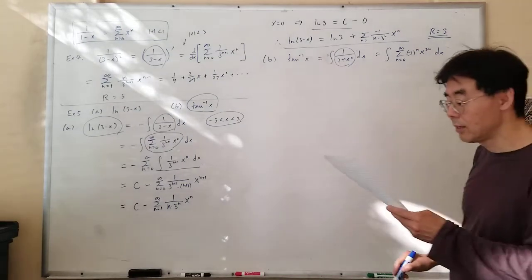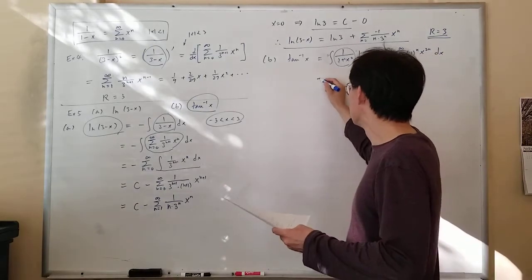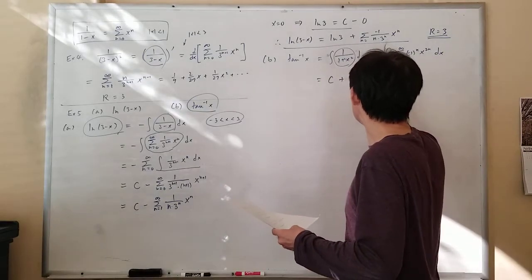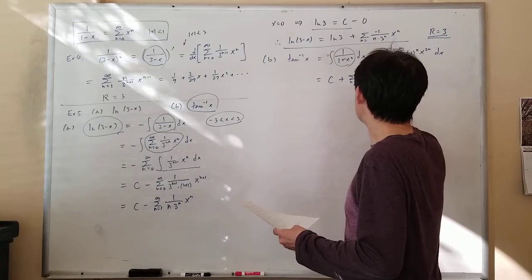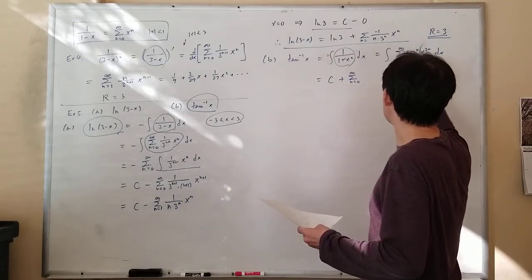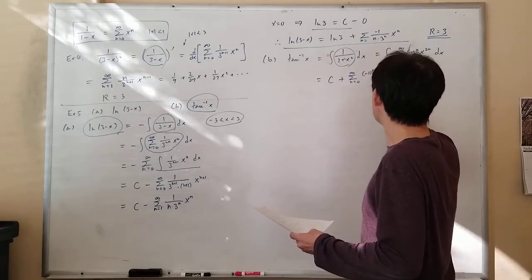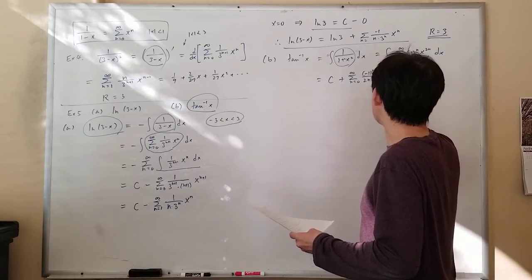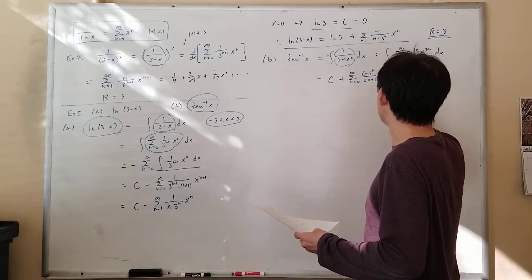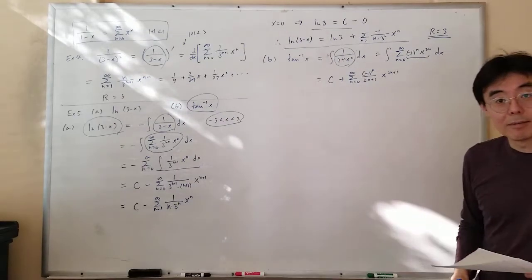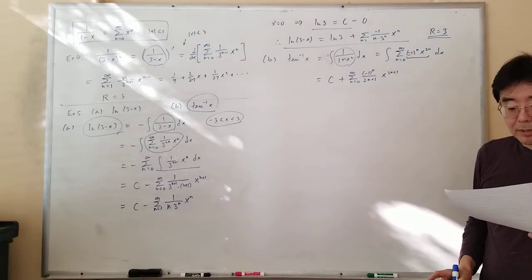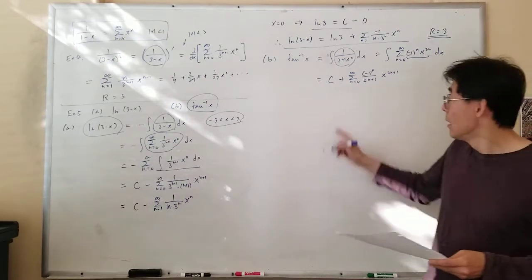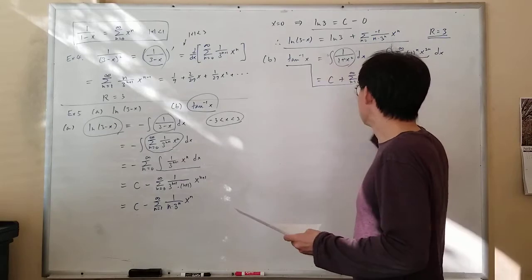So by doing term by term integration, integrating this one term by term, we get minus 1 to the nth over 2n plus 1, x to the 2n plus 1. This is it. Now, how do we get c?